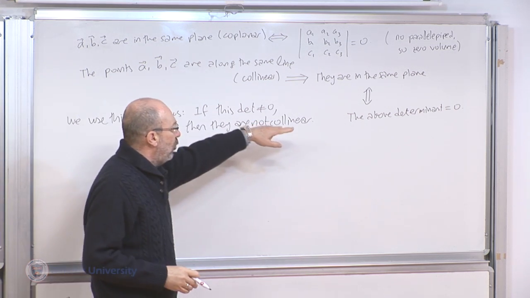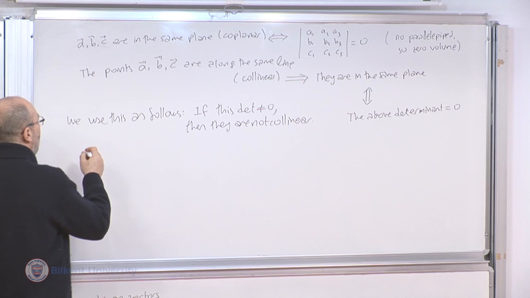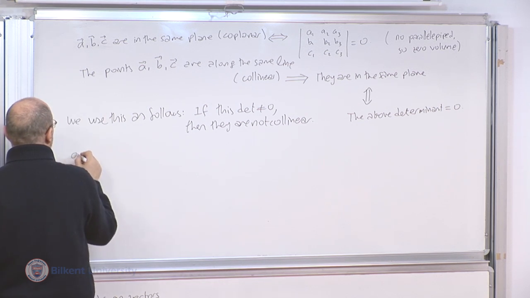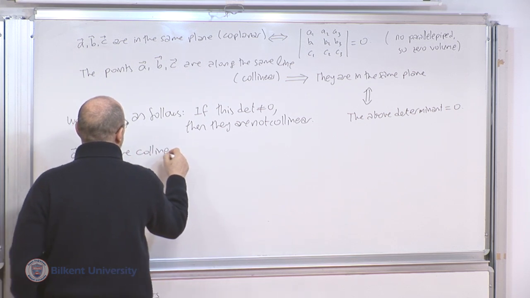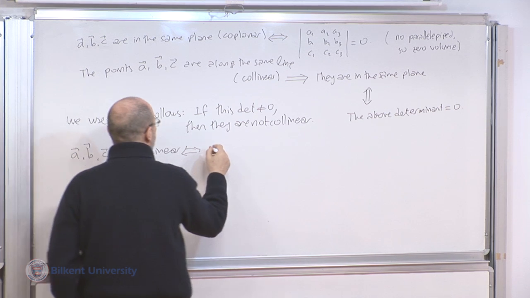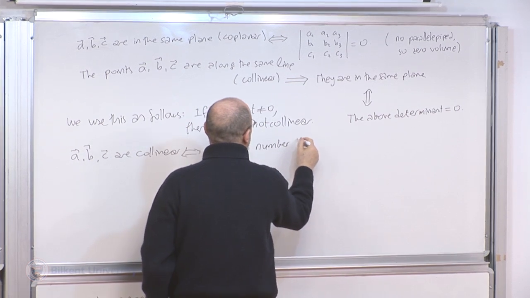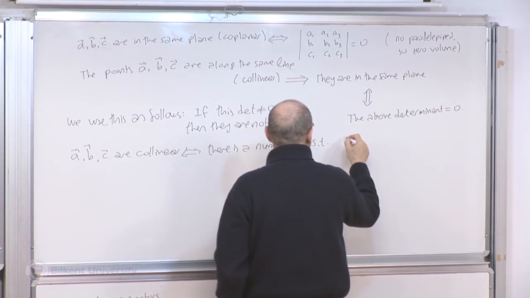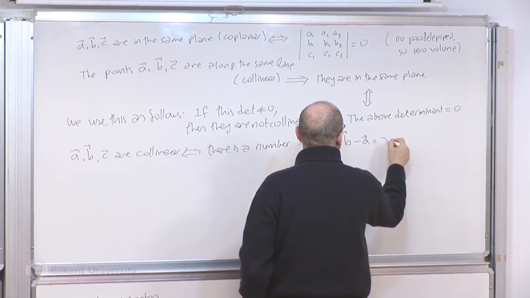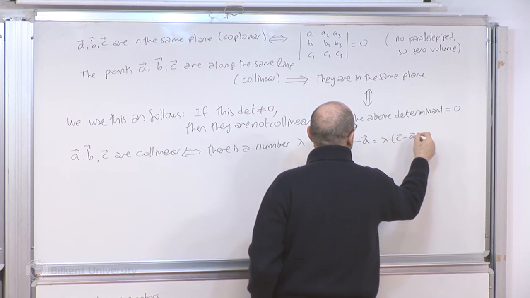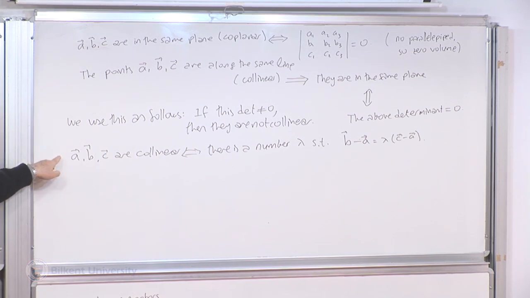If the determinant is equal to 0, then you have to go back and check. With 3 dimensions, 3 vectors, it's easy. A, B, C are collinear if and only if there is a number lambda such that, choosing one of them, say B minus A is equal to lambda times C minus A. If the numbers are small, then this one is easier to check.